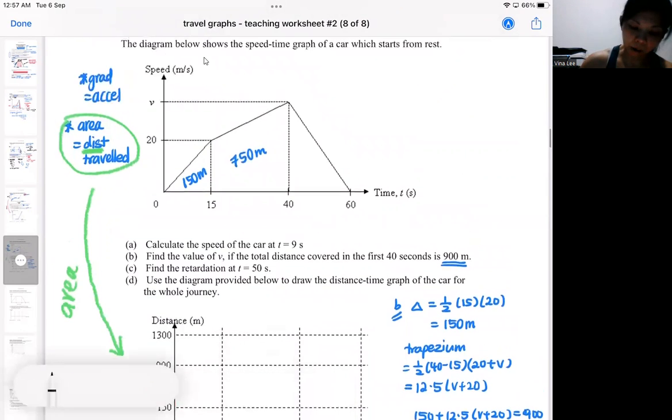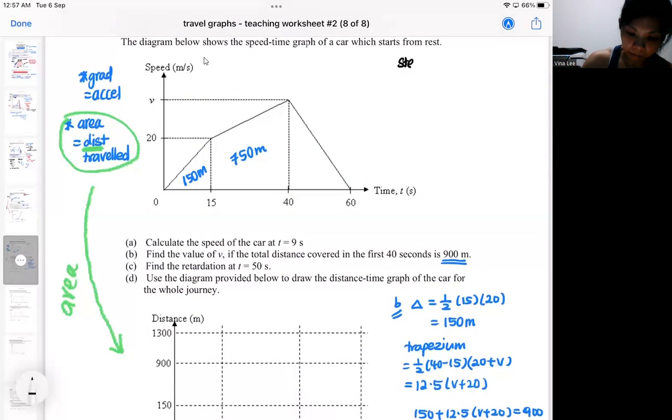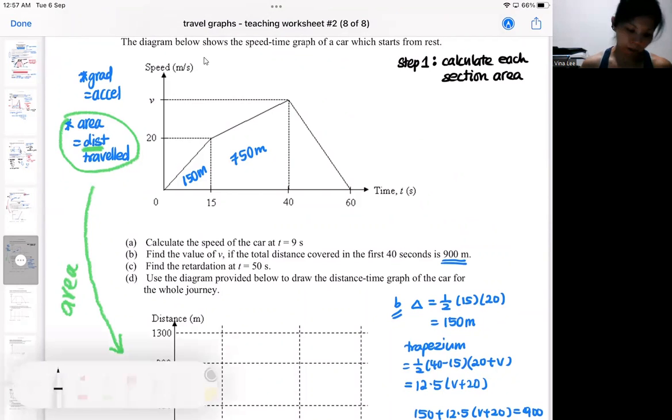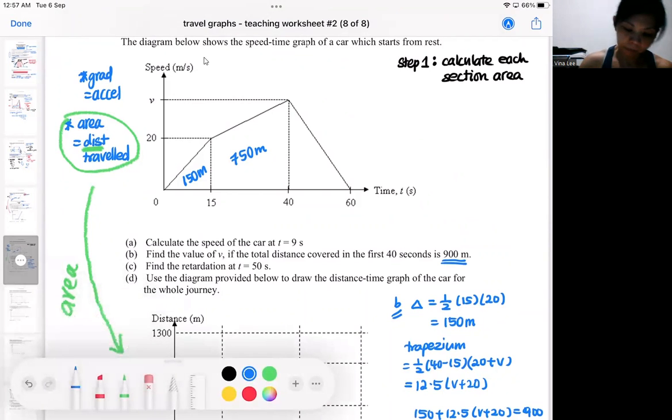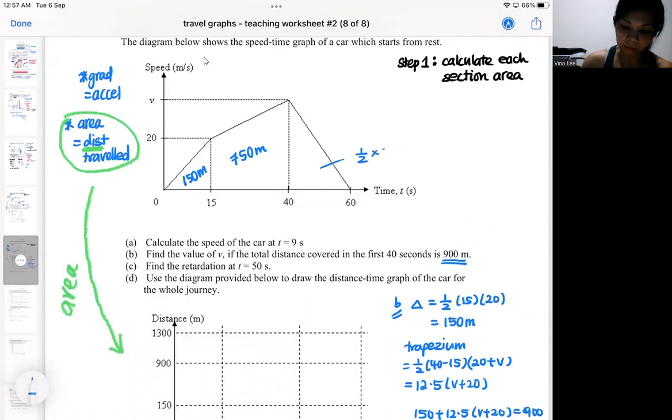So step one, you calculate each piece of the area. Okay, each section. So I also got to calculate the triangle here. So this one is half times 20 times 40.